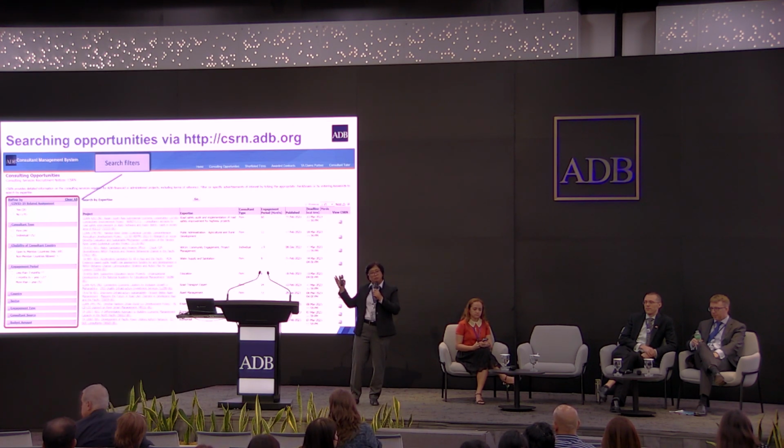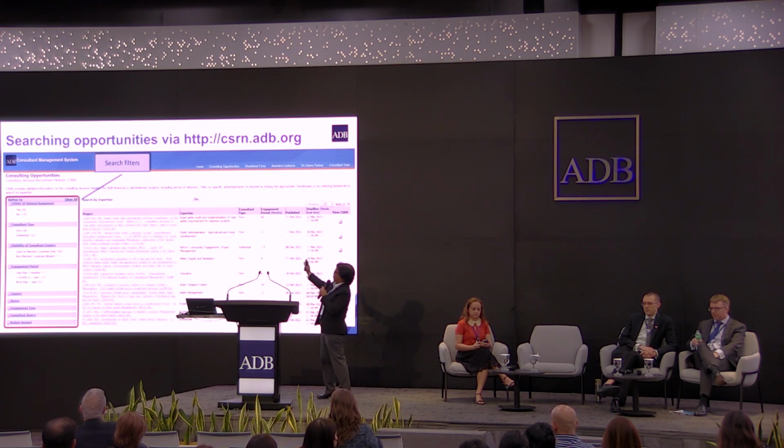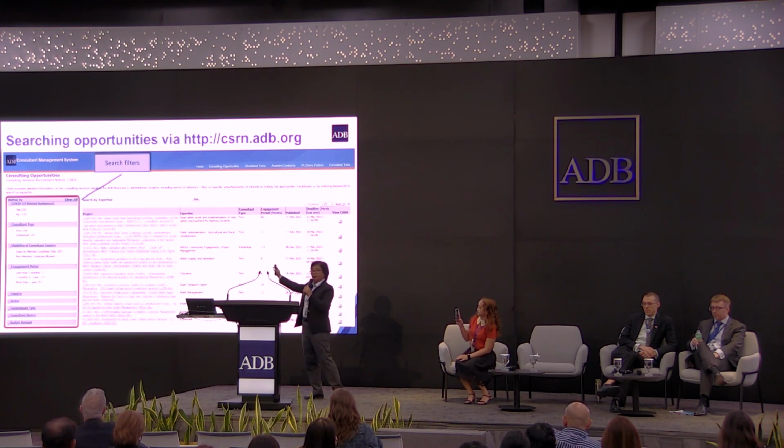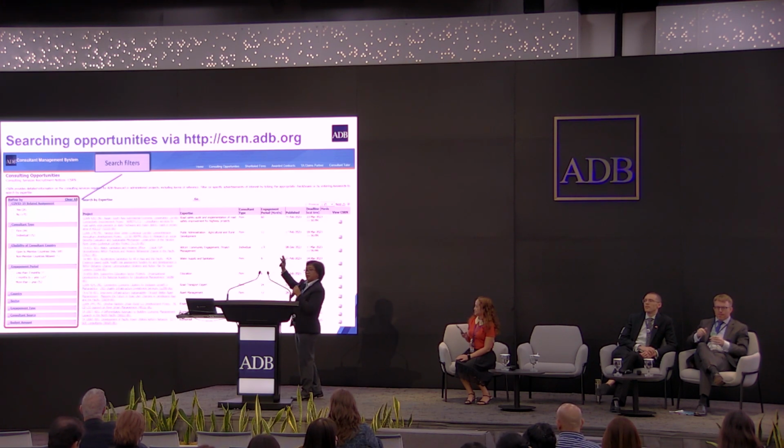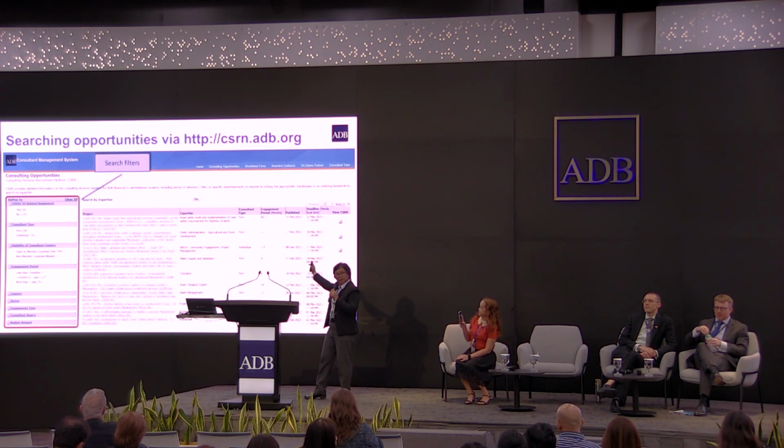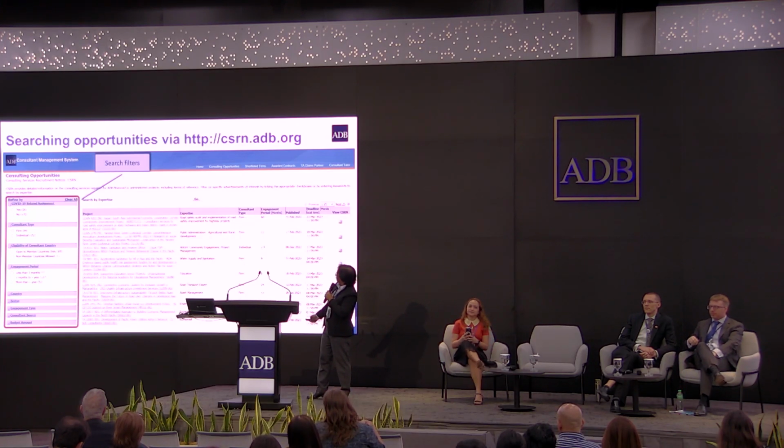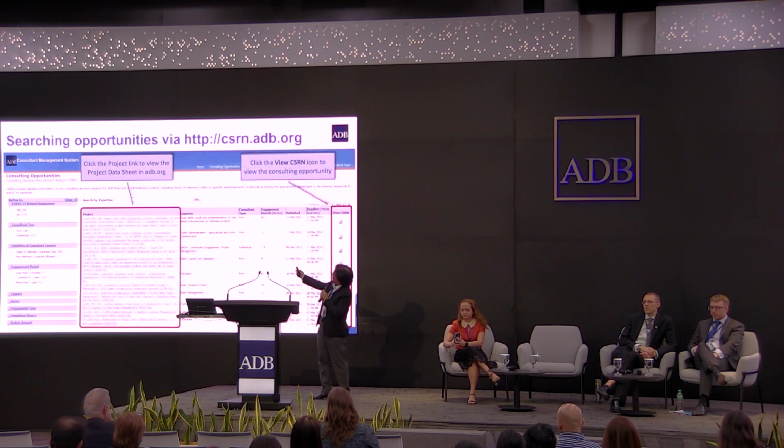All you need to do is type it in your browser, and then you will see this page. On the left side, you have your refiners or filters. Filter it according to what you want to see. When you filter it, you will see the projects and the CSRN.